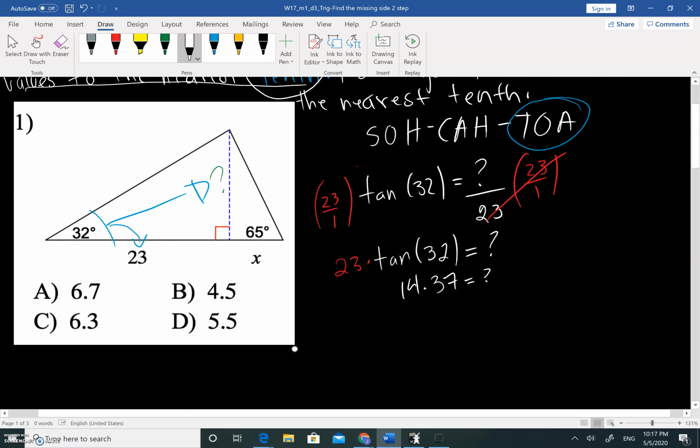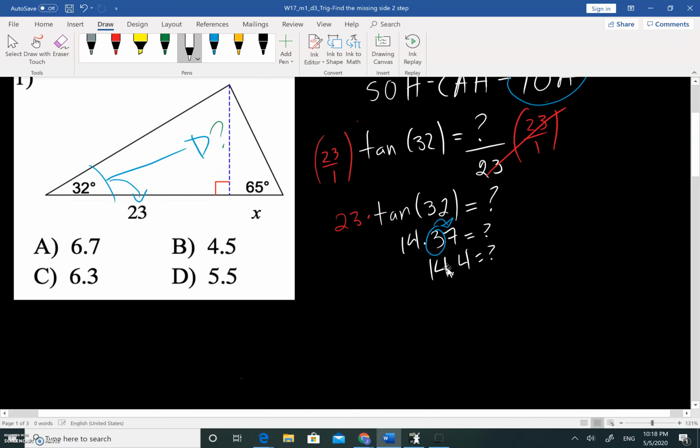So this is an intermediate value. So we look at the 3 and then we look at the 7. The 7 is 5 or greater. Therefore, this is going to turn into 14.4. So 14.4 is equal to the question mark.